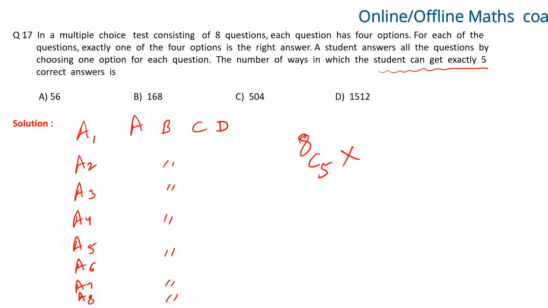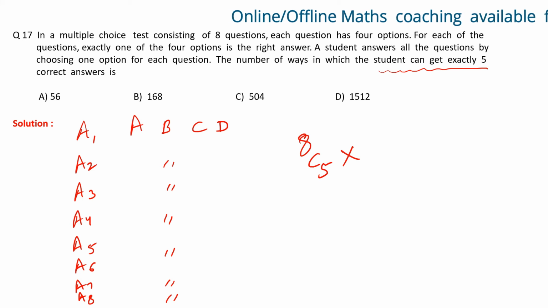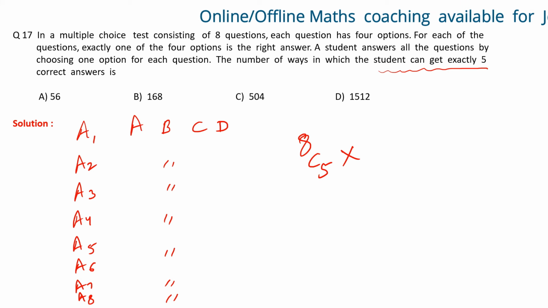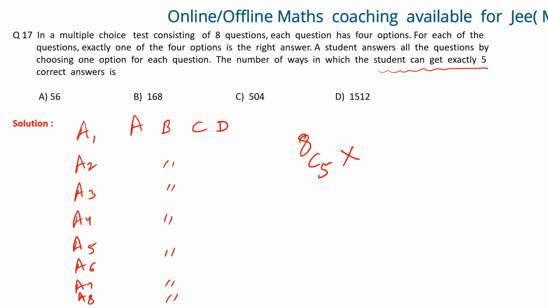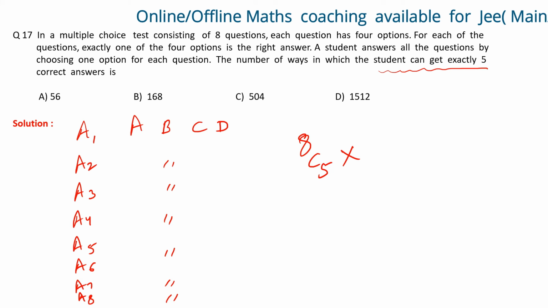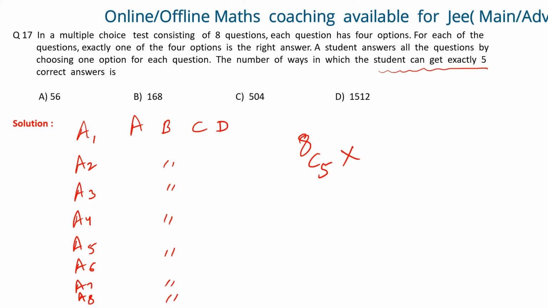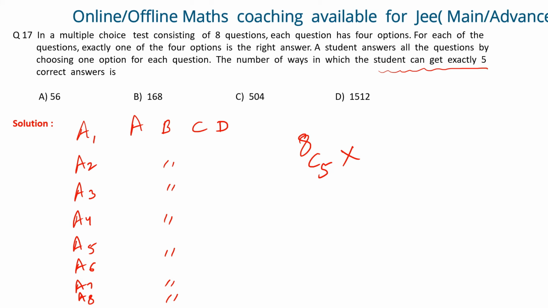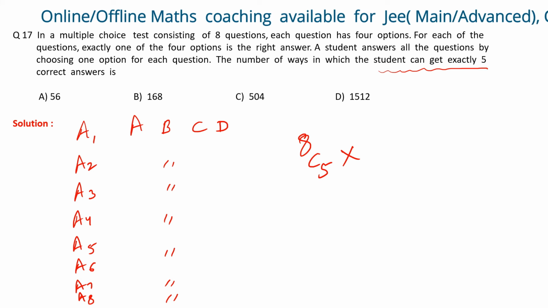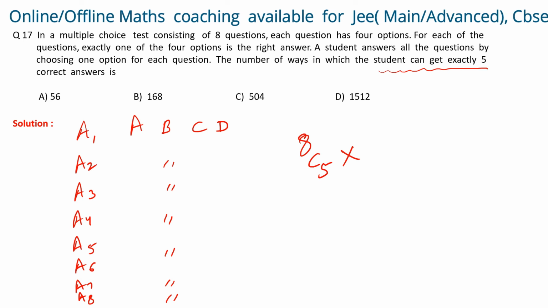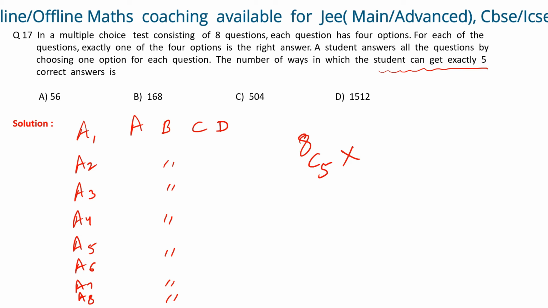Into, because we have to also take into account those questions which he is marking wrongly. So that means there are 3 questions. Since we have already selected the 5 correct ones, 3 have been selected already. Now the question is how he is going to mark those questions wrongly.